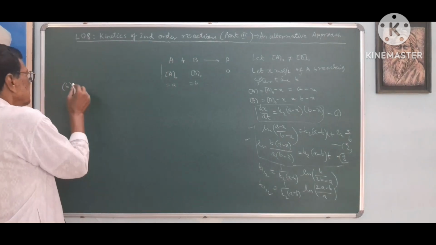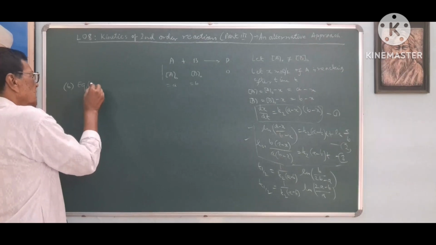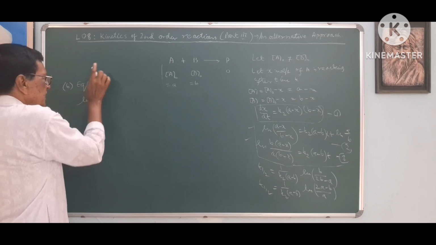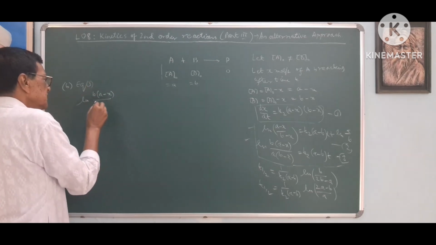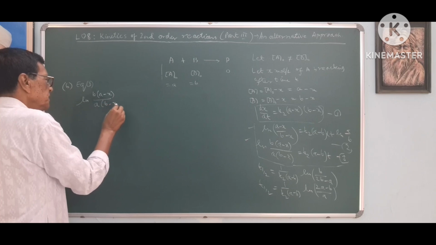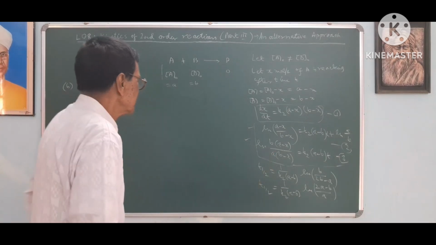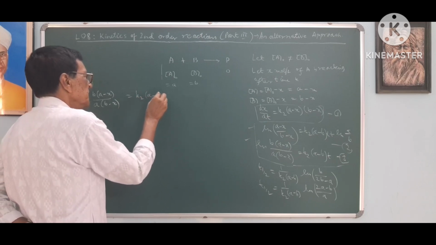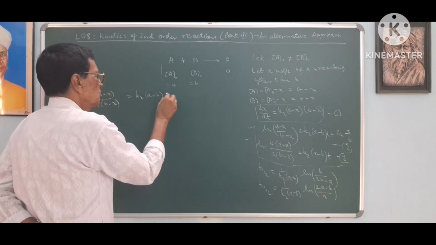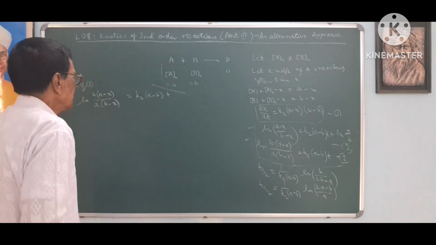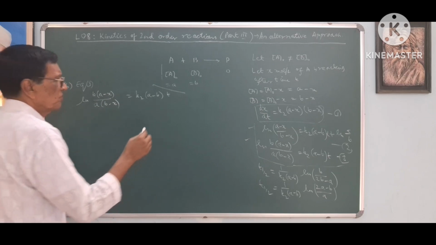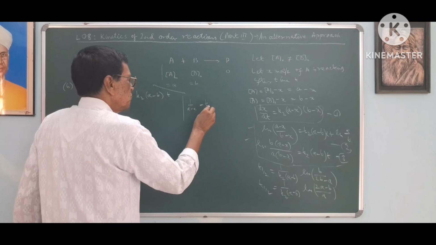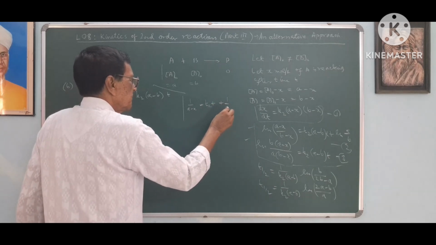Let us take equation 3: ln of B into (A minus X) divided by A into (B minus X) equals k2 into (A minus B) into t. We have to transform this equation into the form 1 by (A minus X) equals k2 t plus 1 by A.